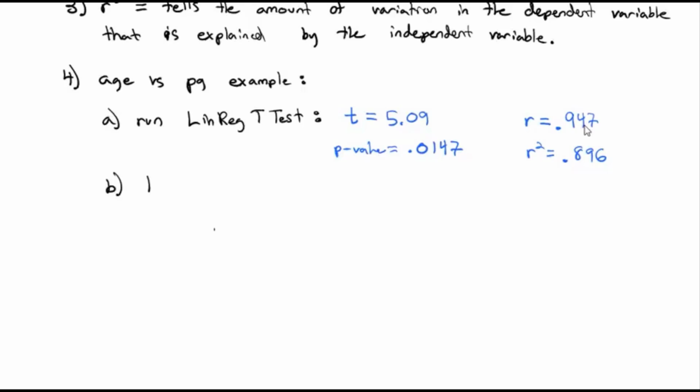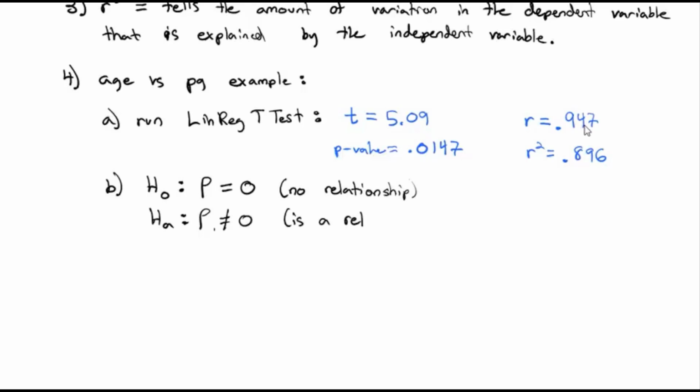With linear regression, the null hypothesis is always that the relationship, which we represent with the Greek letter rho, looks like a p, equals 0. That means there's no relationship. The alternative is that rho is not equal to 0, or that there is a relationship.